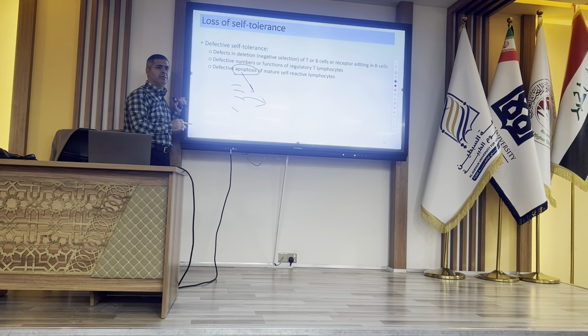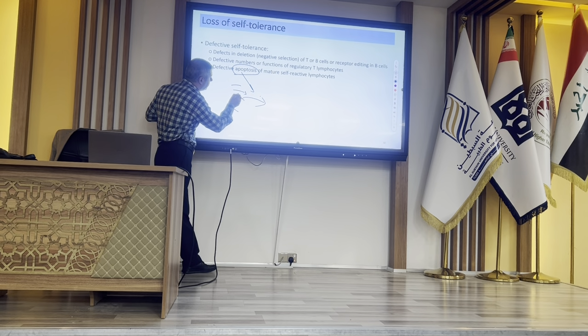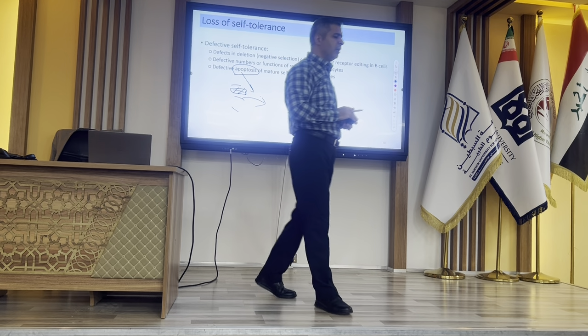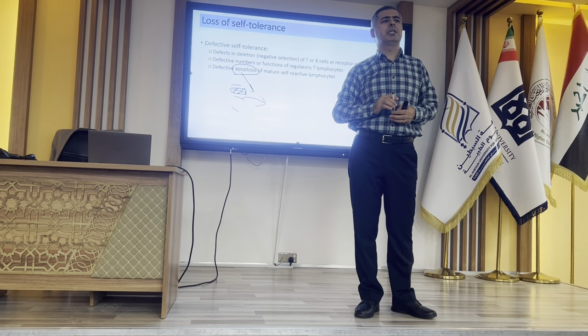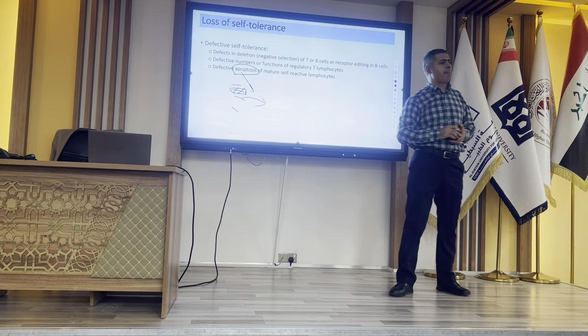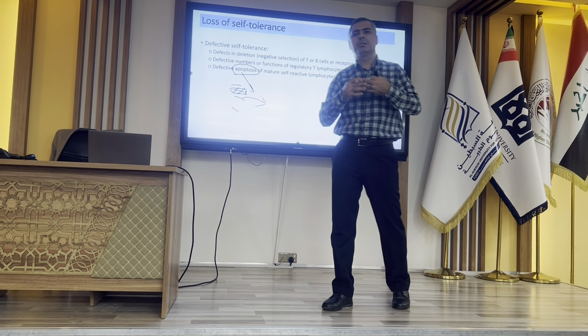If a person has a mutation in one apoptosis gene, or let me ask the question in other words: if a person cannot induce apoptosis, what will happen to that person in terms of immune response?